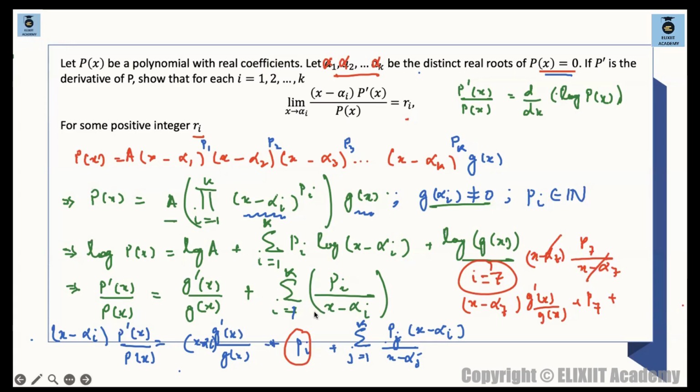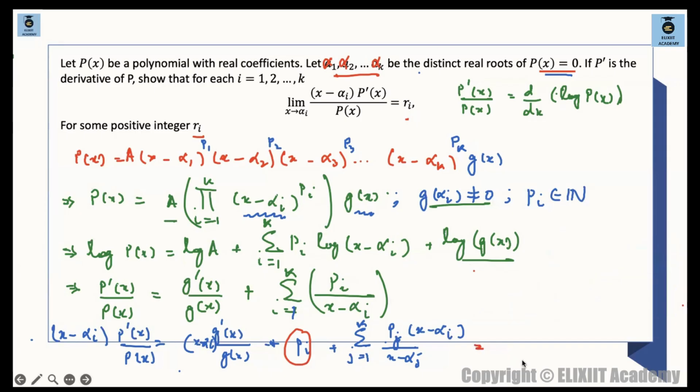The remaining terms will be summation, j is equal to 1 to k, Pj divided by (x minus alpha j), where j won't be 7, because the 7th term has been taken and cancelled out. Got it? Now is this concept clear to all?